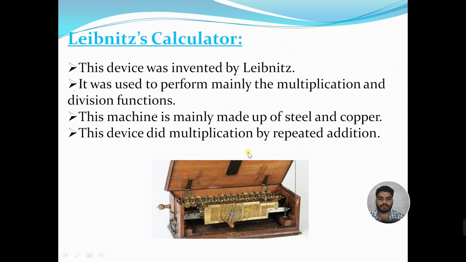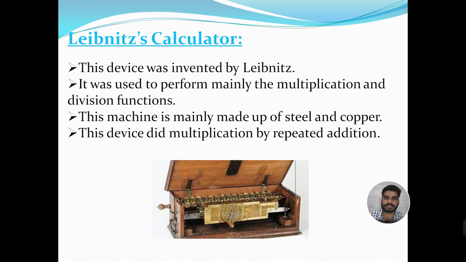As here we can see, the machine that is lying inside this box is made up of steel and copper. This device did multiplication by repeated addition. This device is also called the improved version of the Pascaline.